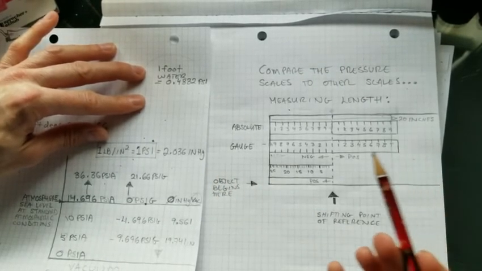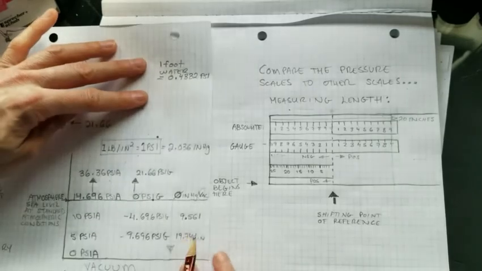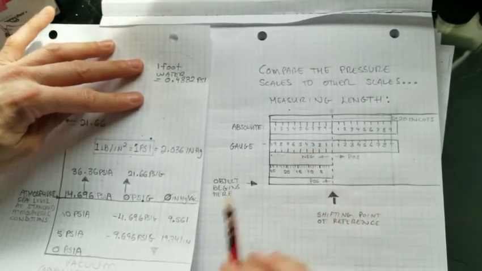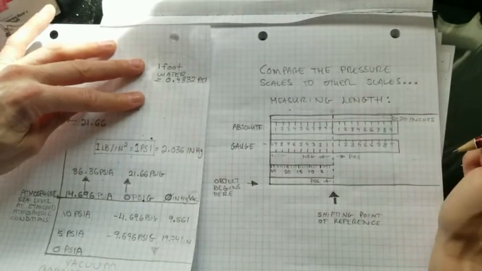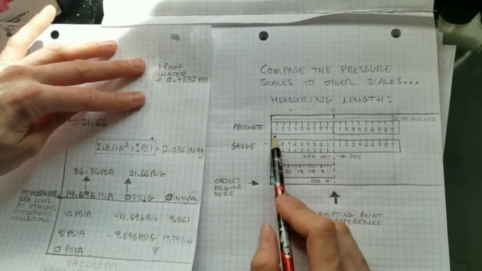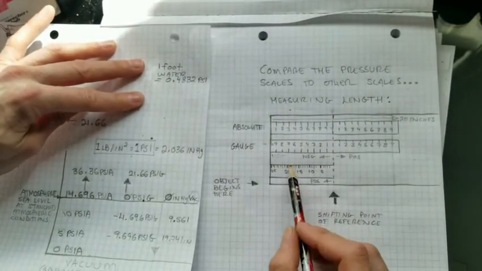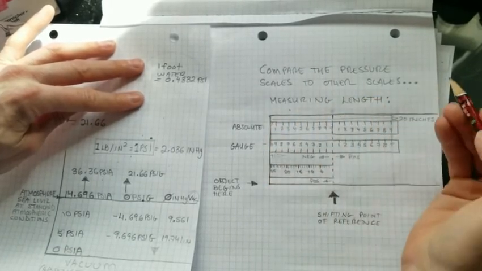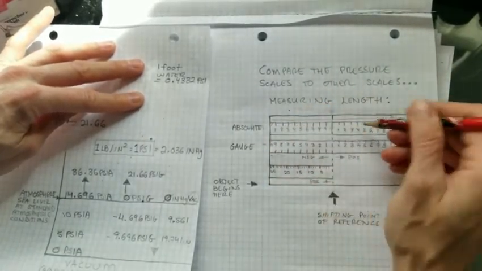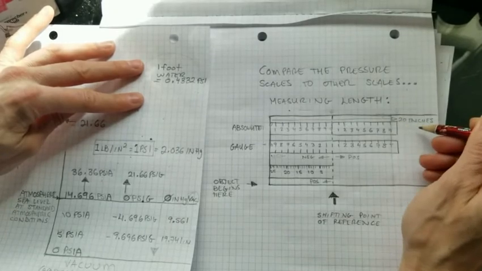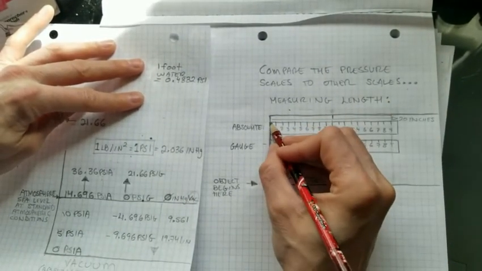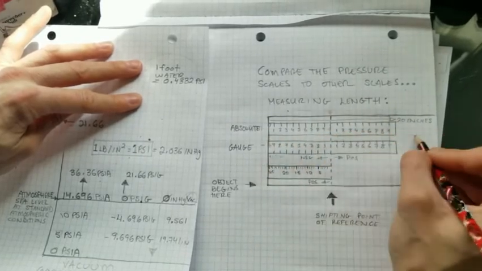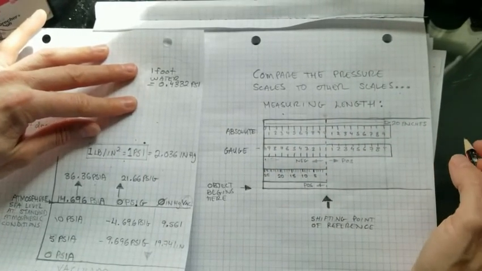If I wanted to compare our pressure scales to other familiar scales, as in measuring length, comparing inches to centimeters or the like, we can say that the absolute value, the 0 point, is the beginning of the object and increases from that point onward. So this is our beginning point 0, and the number can only get more positive.